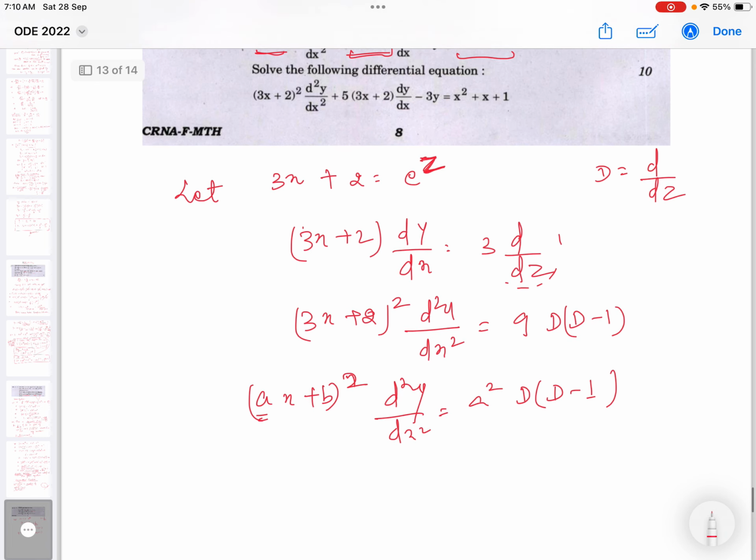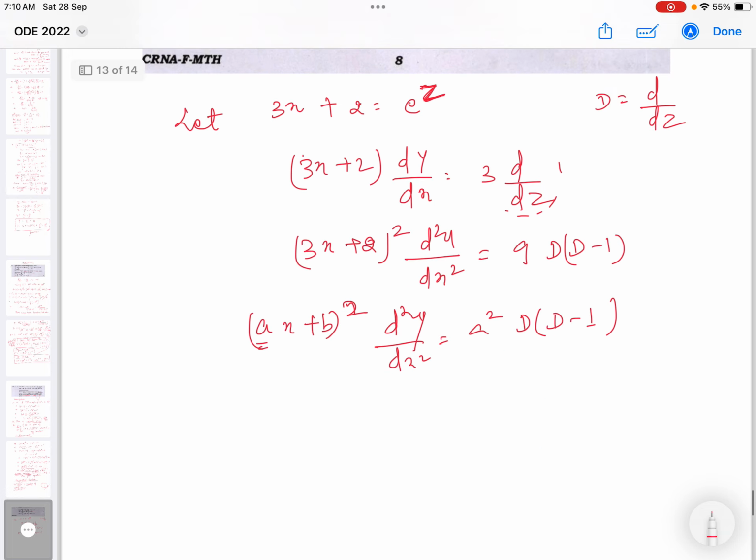So what we'll be doing is substituting 9 in the original equation.